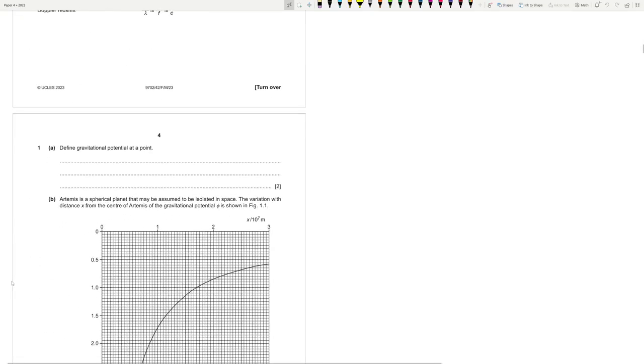Define gravitational potential. It is the work done per unit mass to move the unit mass from infinity to a point inside the field.